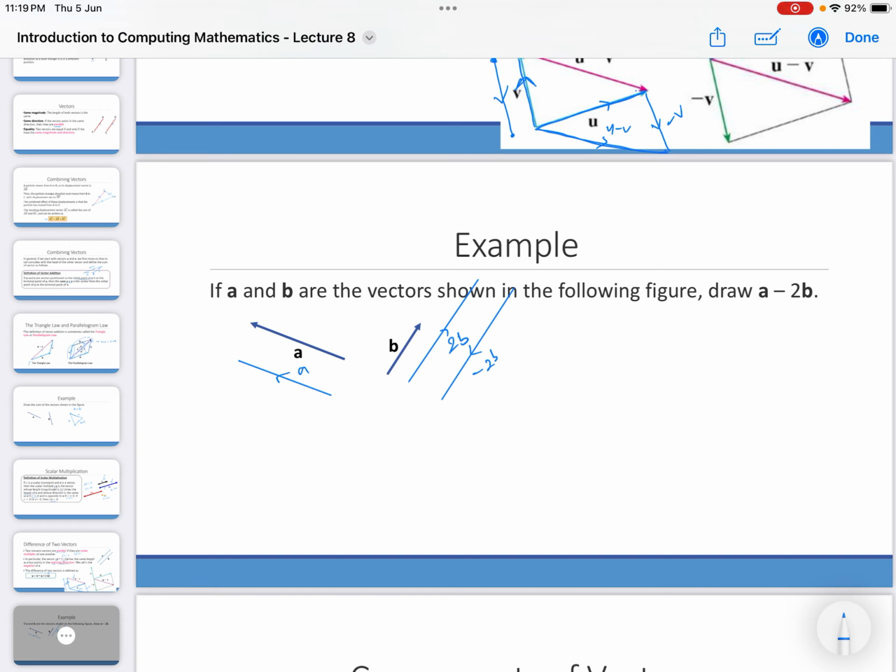And then at the end of this, we add the negative 2b. So we have something like this. This one is the negative 2b. Then we can combine these two from the initial point of a to the terminal point of negative 2b. So this one is a minus 2b.